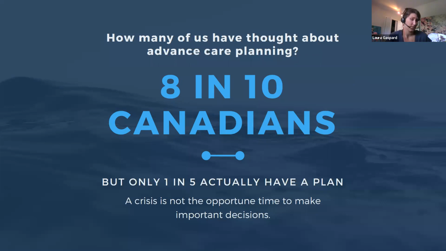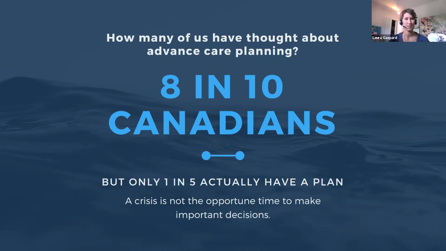Actually, what the research showed was that about 80% of Canadians are already thinking about this type of stuff. They're thinking about their healthcare, how they want to live, what would be appropriate in terms of living their life down the road if they did become unwell.